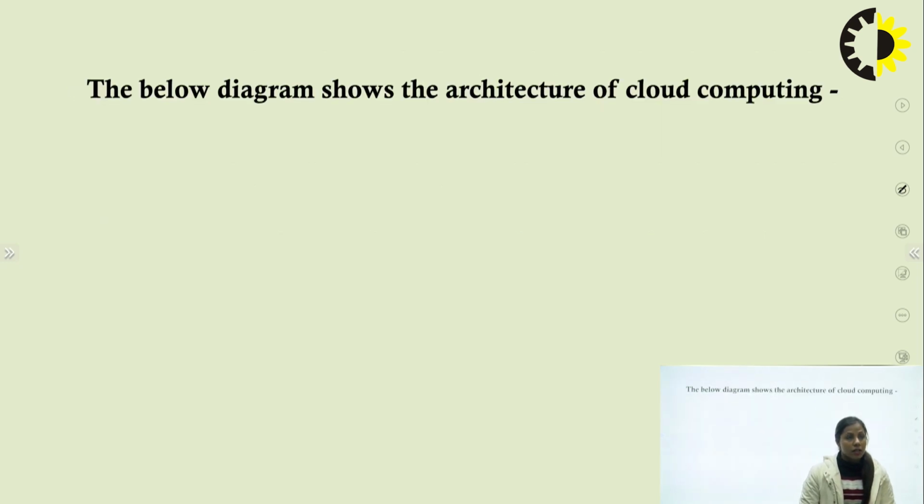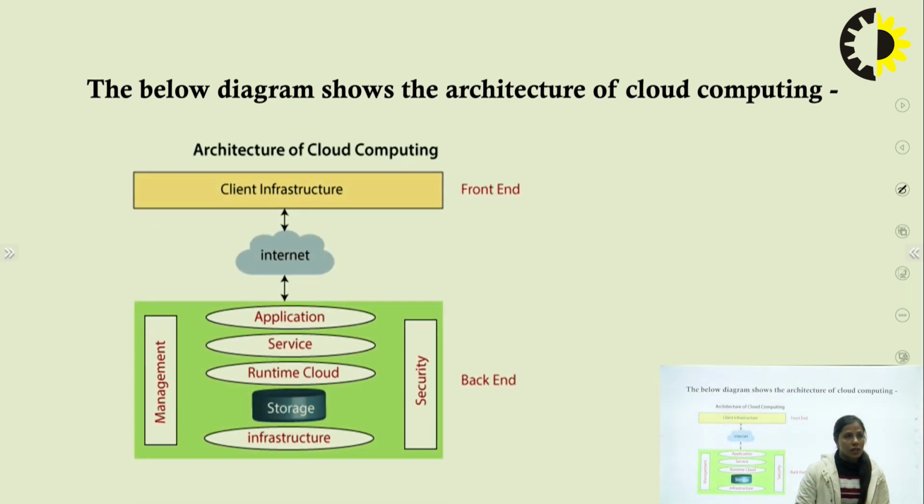The diagram below shows the architecture. This is the basic diagram of cloud computing, in which we have the front end part and the back end part, in which various components are available. In the front end part, we have the client infrastructure, which provides the infrastructure facilities from where the client accesses the data and sends requests to the server.